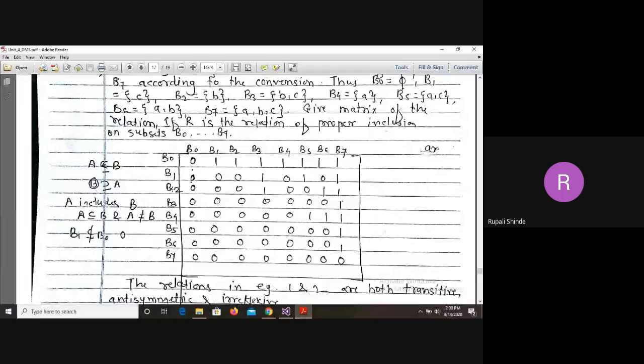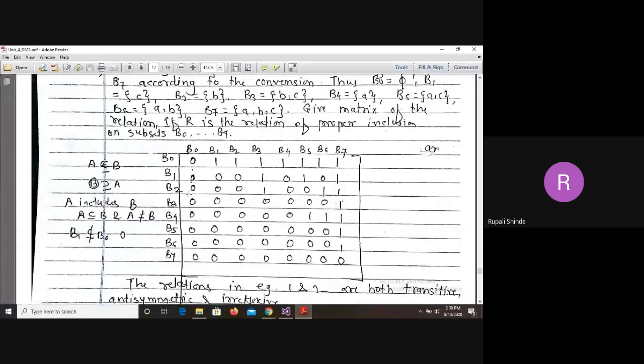Now the next one is B2, B4. B2 is equal to set B, B4 is equal to set A. So B2 is not a subset of B4, so we have to mark 0 there. Now next one is B2, B5. B2 is set B, B5 is set A comma C. So again B2 is not a subset of B5, so we mark 0.